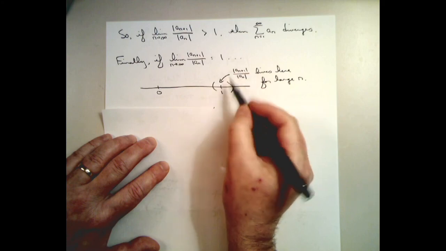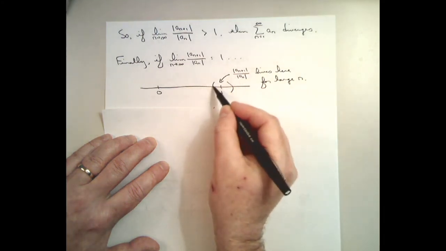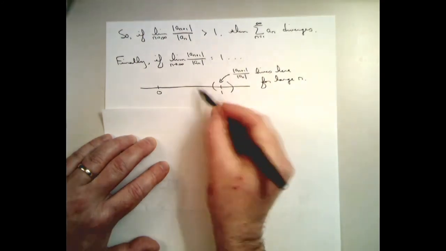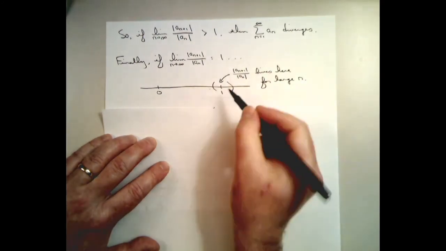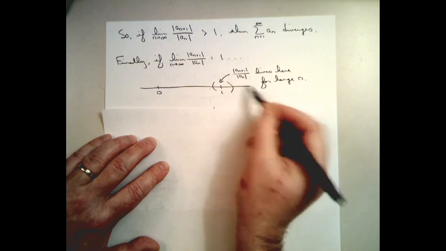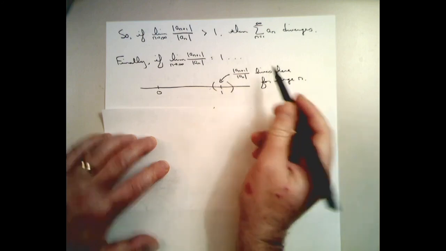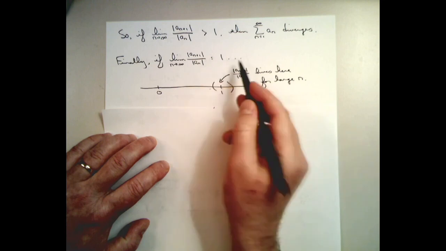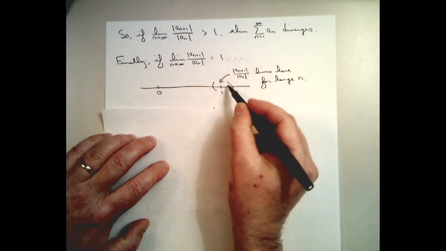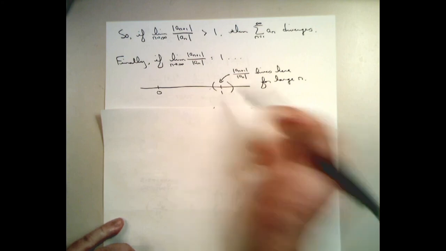Whenever r was smaller than 1, I could find a k that was bigger than everything in the interval. Whenever r was bigger than 1, I could find a k that was larger than 1, but less than all of the numbers in that interval. Here, I don't have that luxury, right? So whenever the limit is equal to 1, I'm not able to use either one of the other two arguments to draw a conclusion.